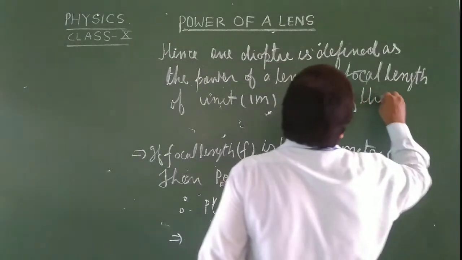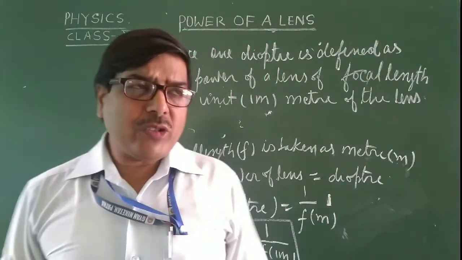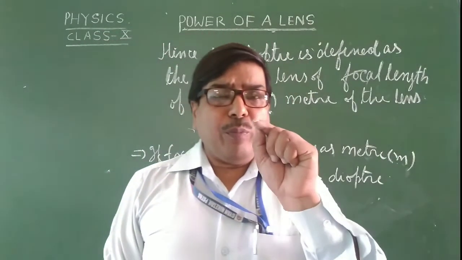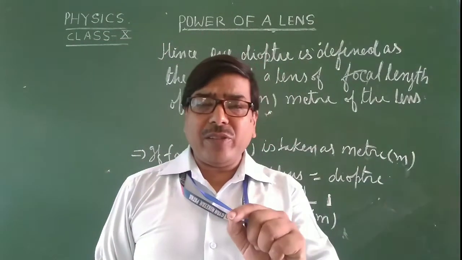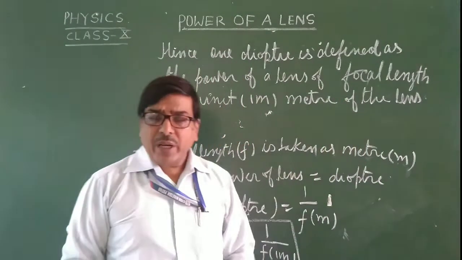So 1 diopter means the focal length of that lens must be equal to 1 meter.